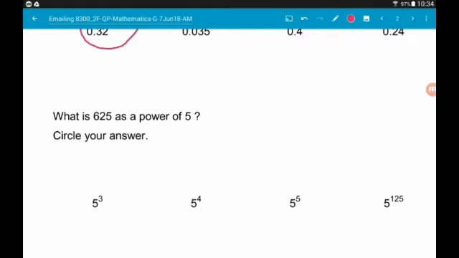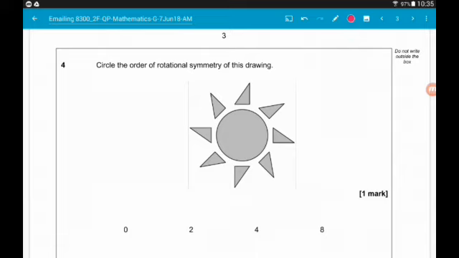Question 4. What is the order of rotational symmetry of this drawing? So, the order of rotational symmetry means how many times, if we spin this drawing a full 360 degrees, would it look exactly the same as this?